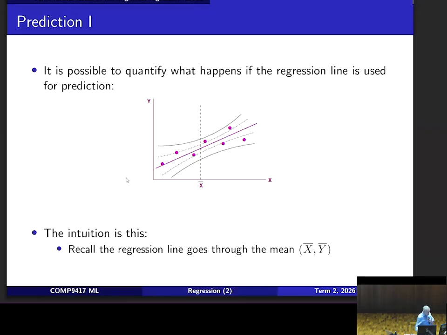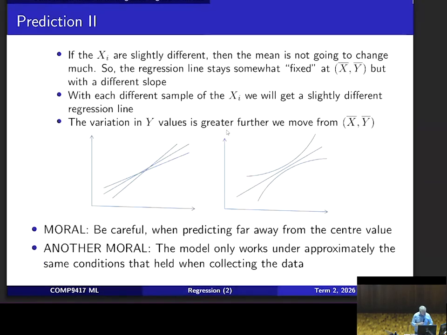Okay, so this is guaranteed to be on the line, but the further away you get in X, then the less reliable are your predictions about Y. Now, we're not going to quantify that here, but intuitively, if you're not too far from the mean, then because it's a linear model, the difference in Y should not change that much, right?